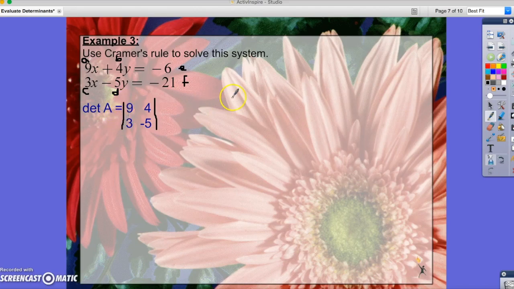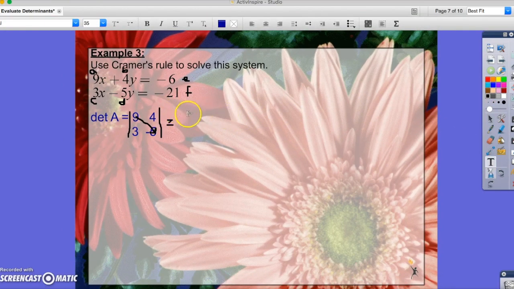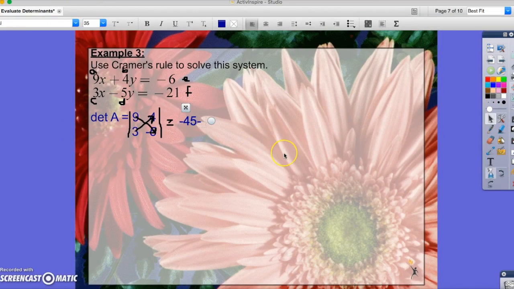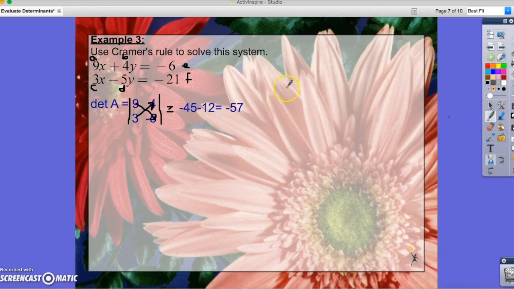How we do it, if you remember before, is we do the diagonals. This diagonal, 9 times -5 is -45, minus the other diagonal, 3 times 4 is 12, and you get -57. All right, so that's my determinant.